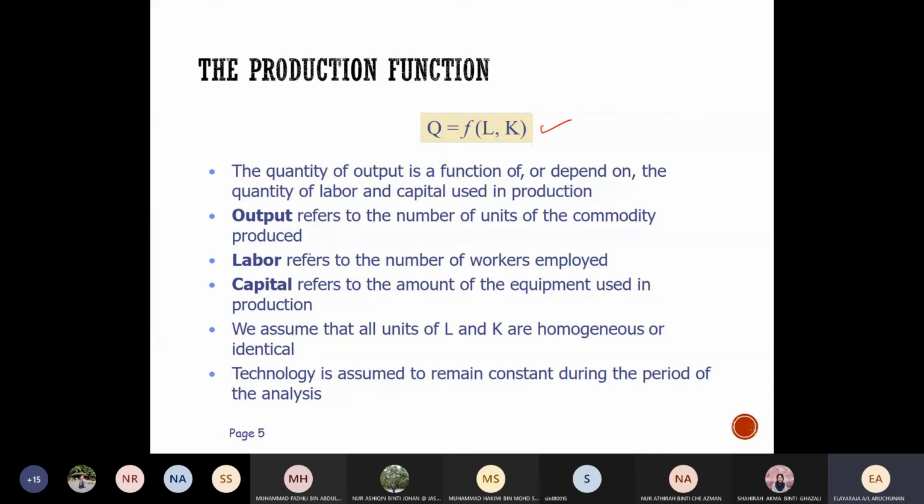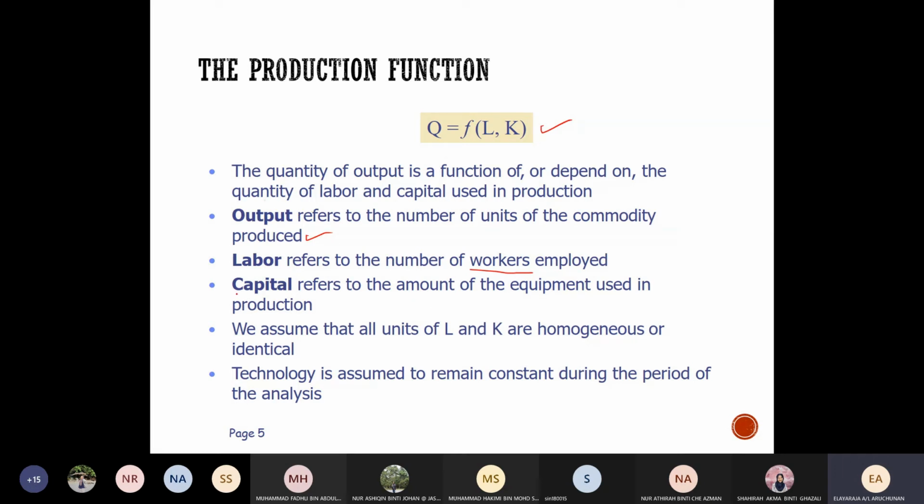Output, as I said earlier, refers to the number of units of the commodity produced, so your end product. And labor, of course, is the workers working in order to produce that output or the final product.